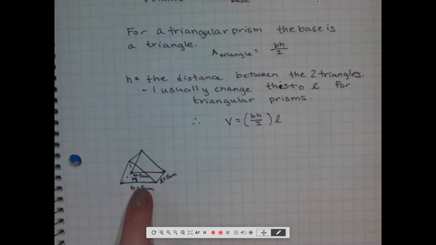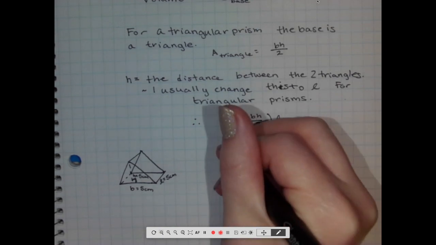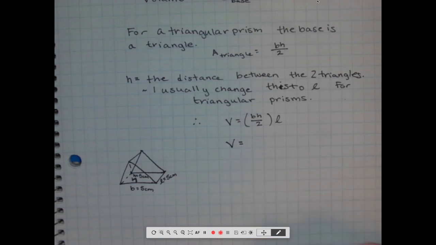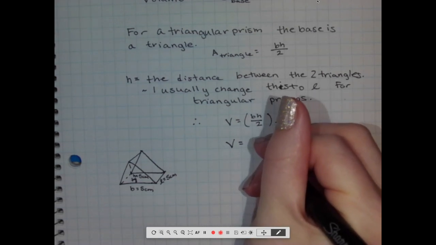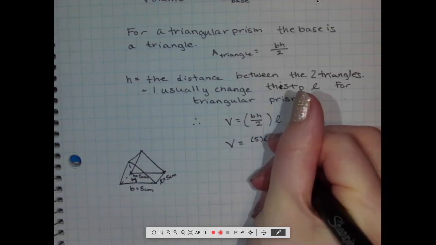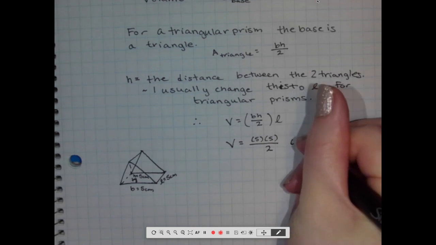So we just take these two that relate to the triangle, multiply them by each other, then divide by 2, and then we multiply by the length, or the distance between the two triangles. So in practice, this would be 5 times 5 divided by 2 times 5.